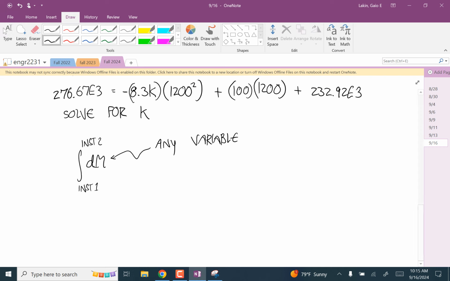And then what you have is M evaluated at instant 2 minus M evaluated at instant 1.